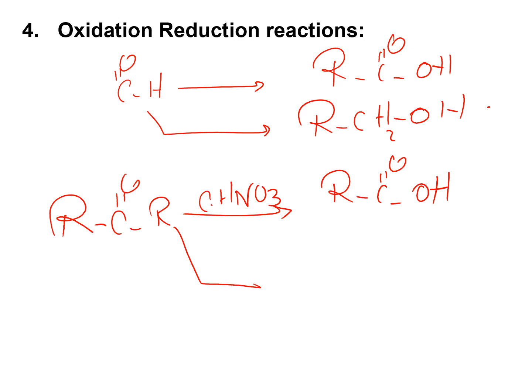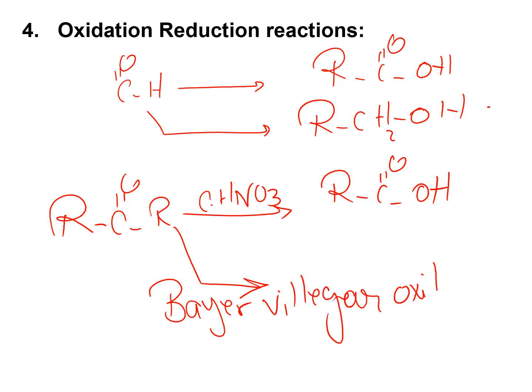And you can oxidize them using a very selective oxidizing agent. It's a name reaction known as the Baeyer-Villiger oxidation. How do we perform this? We add a peroxy acid.